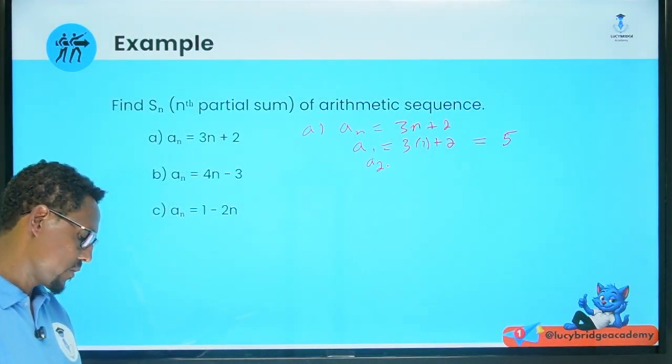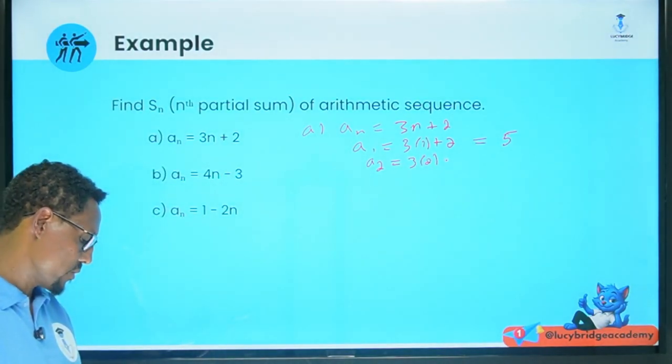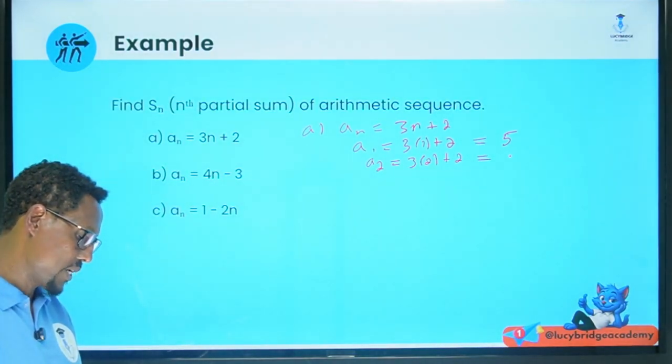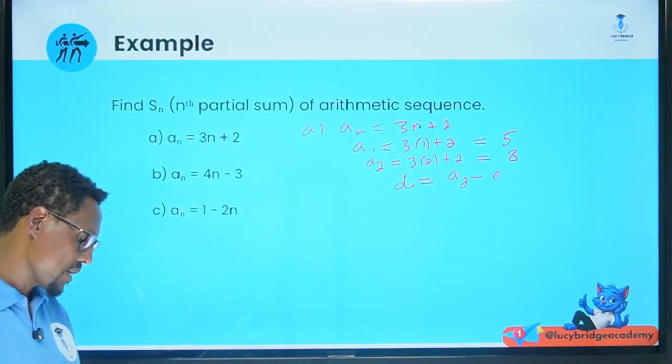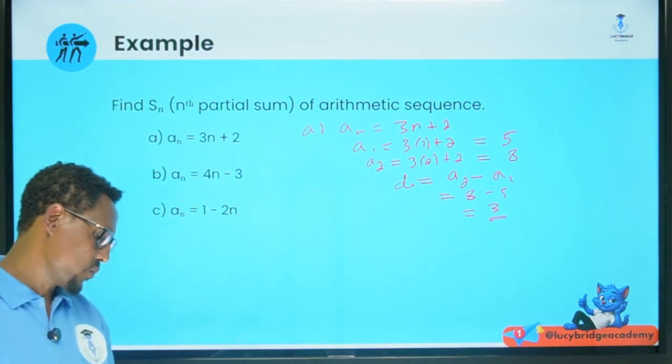A2 is 3 times 2 plus 2, which is 6 plus 2, 8. Since it is an arithmetic sequence, D is A2 minus A1, which is 8 minus 5, which is 3, the common difference. Therefore, we are asked to find Sn.